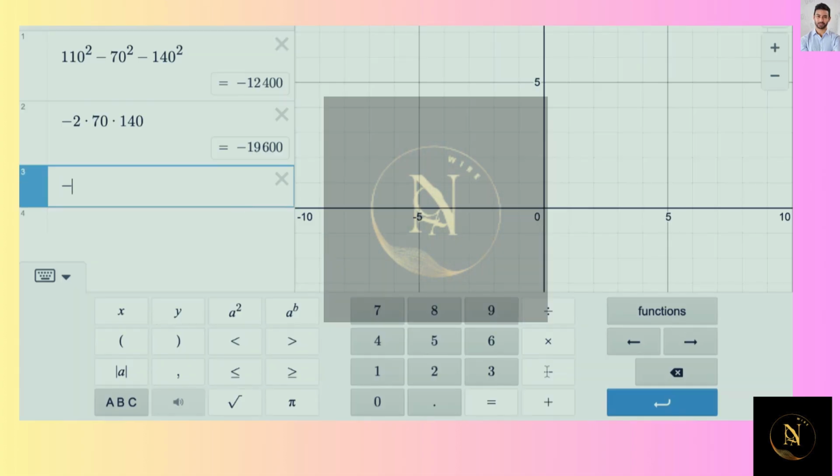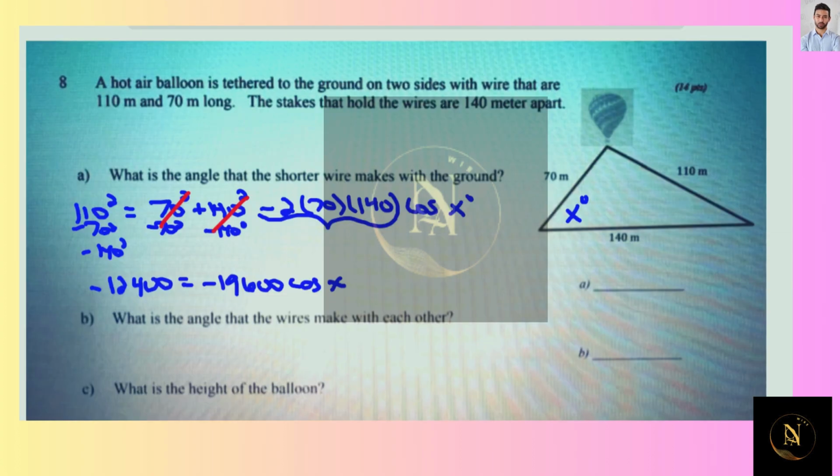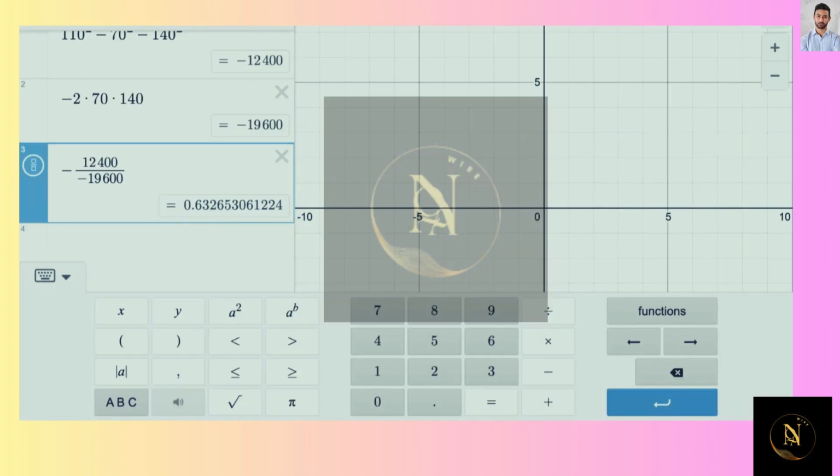Next, divide both sides by negative 19,600. So negative 12,400 divided by negative 19,600 is 0.63265. I'm just going to estimate 0.6327.